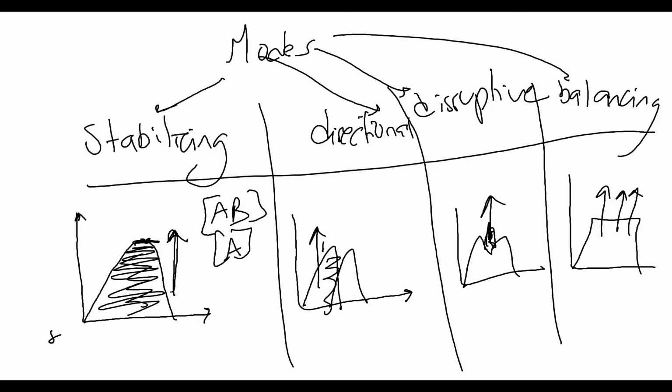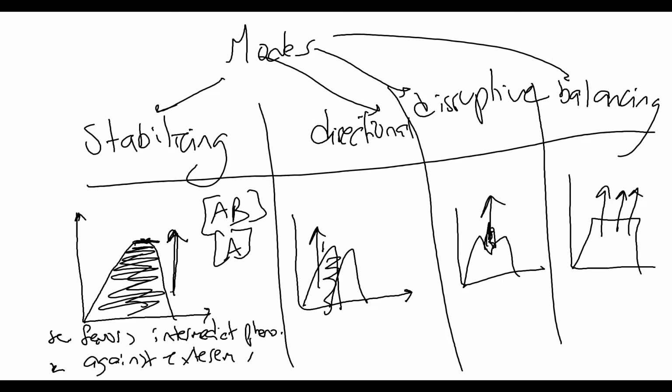The rule you should memorize is: it favors individuals with intermediate phenotype and selects against extreme phenotype. So this is the rule for stabilizing.